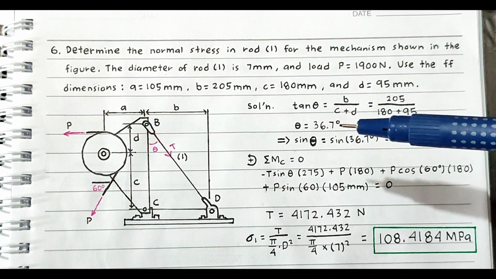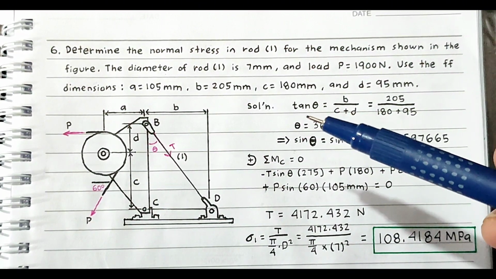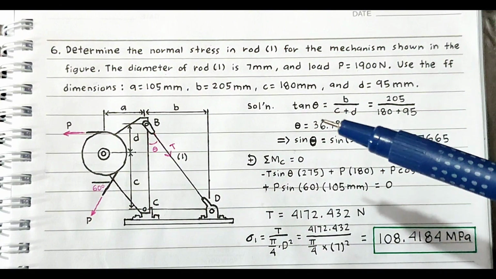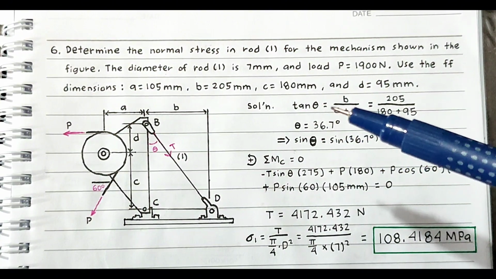Now for the solution, we will have to use TOA, or tangent, which equals opposite over adjacent.